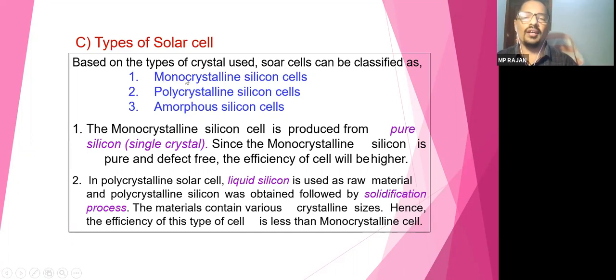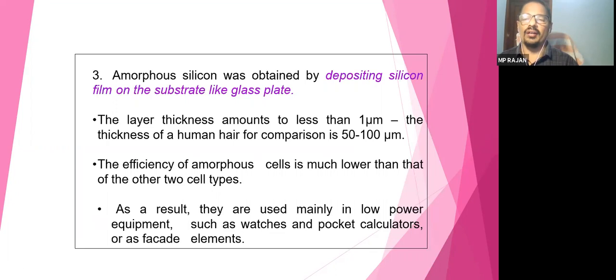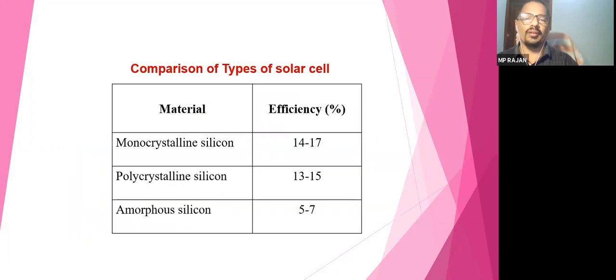Monocrystalline efficiency ज़्यादा है, production cost is high, and it is very difficult to produce. But the efficiency is high. So you can see an efficiency table here. We can compare. Monocrystalline is around 14 to 17, polycrystalline silicon is 13 to 15, and सबसे कम efficiency होती है.